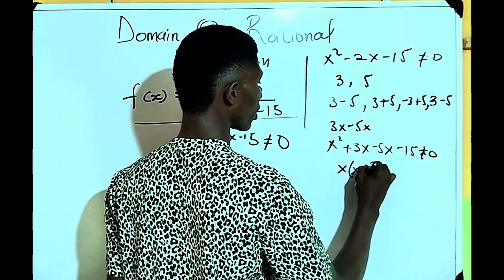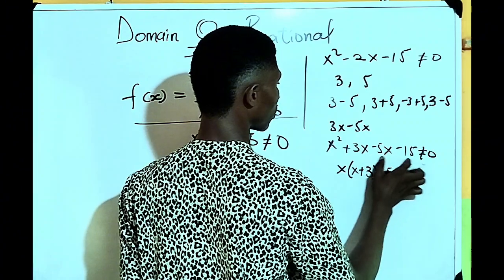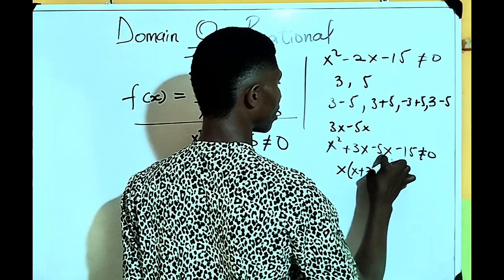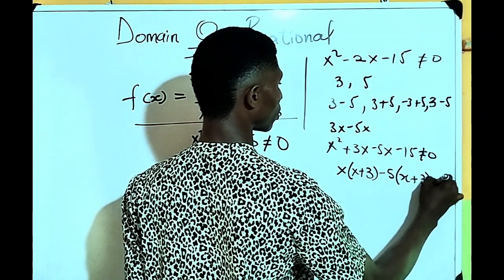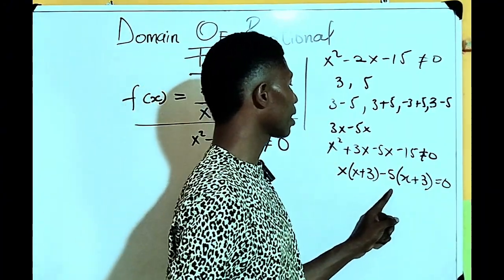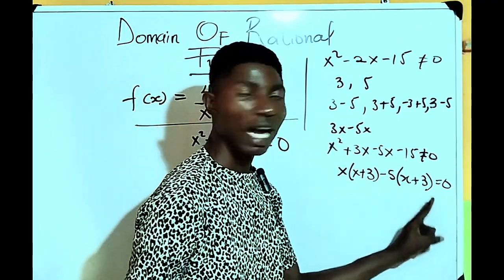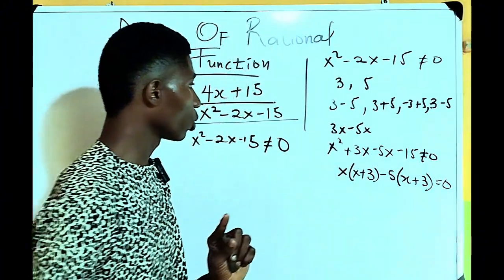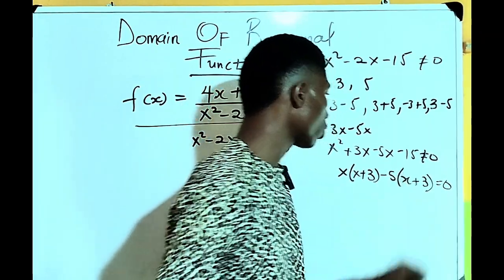You have x plus 3 minus 5 as a common term here. 5 into 5 once. 5 into 15 is 3. Now why is here plus? Because minus 5 times x, I have minus 5x, right? And minus 5 times 3, I have minus 15. So that's why I put plus here, because minus times plus is minus.